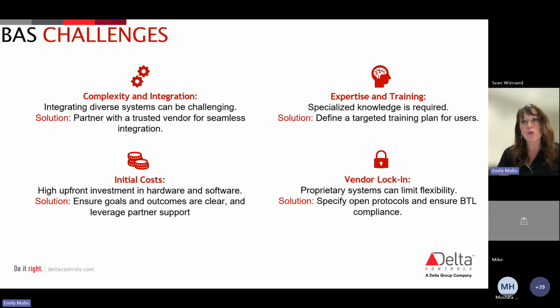Again, just being able to address those challenges upfront with the solutions is always our goal when we're talking to these building owners and when we're developing our building automation system. As we go through our specifications and create our sequence of operations, we just want to make sure we know how everything is being connected.